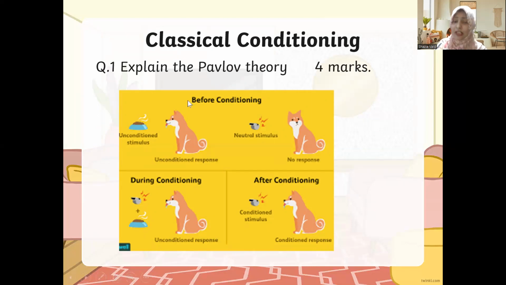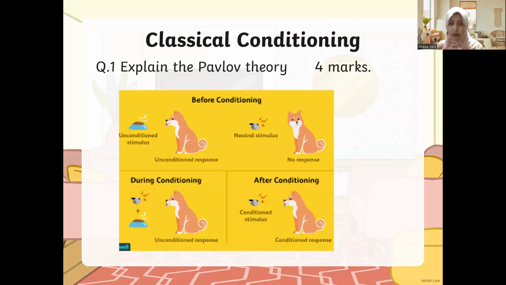This is before conditioning. Conditioning means learning. So before learning, the dog would only salivate when the food was presented. And it would not salivate when the whistle is blown or the bell is rung. But during conditioning, when the dog started learning, the dog would salivate when the whistle was blown and the food is presented.